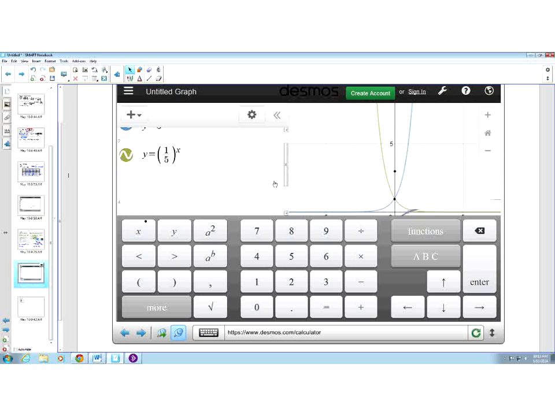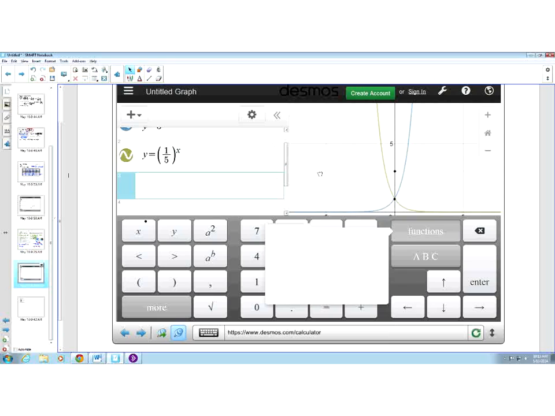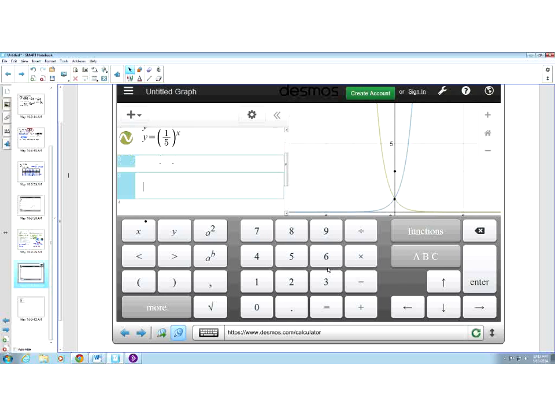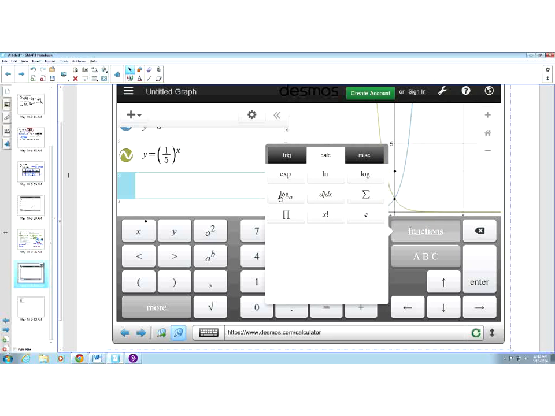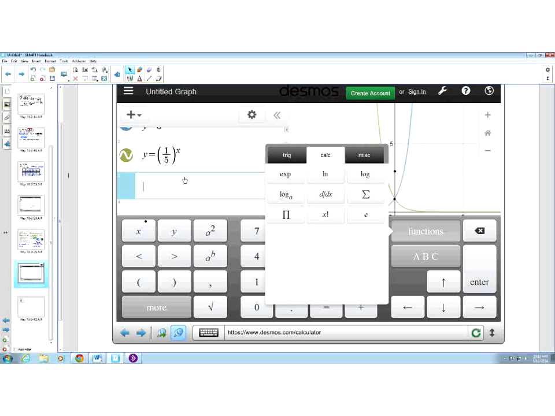Let's delete this. I'm not sure how to... functions, calc. It doesn't allow me to drag the functions. Double clicking doesn't work.